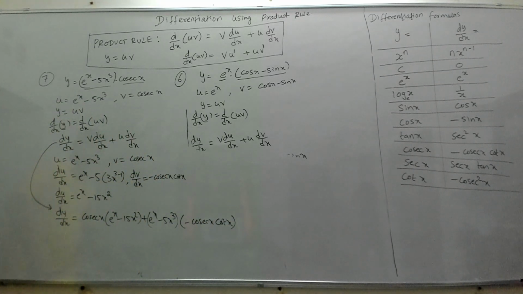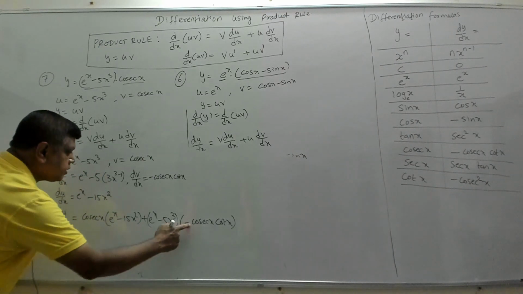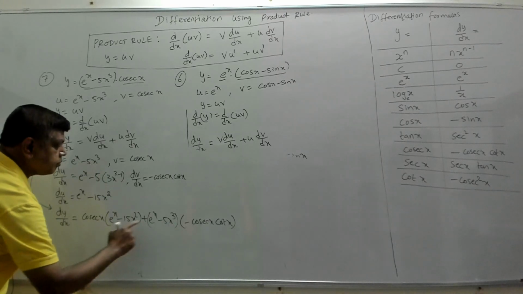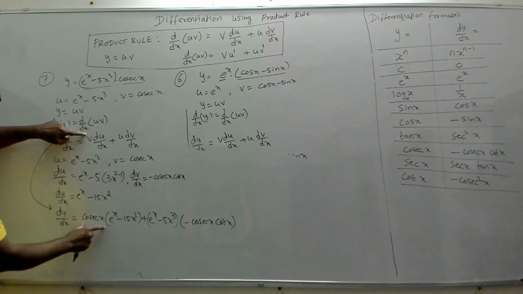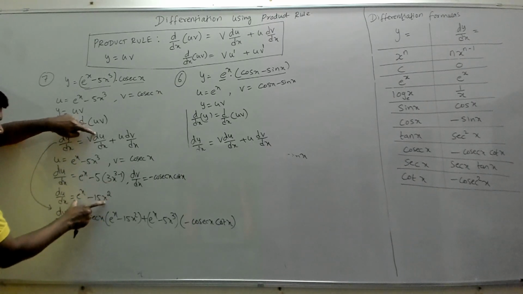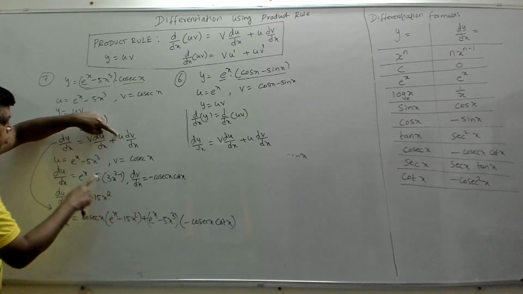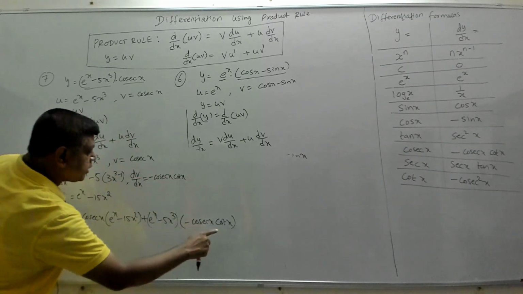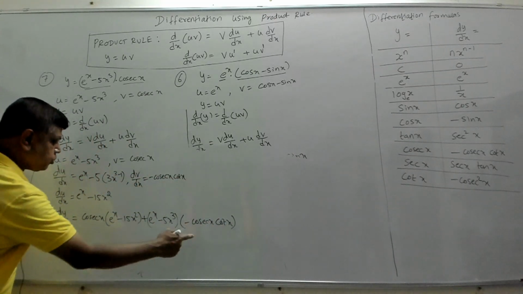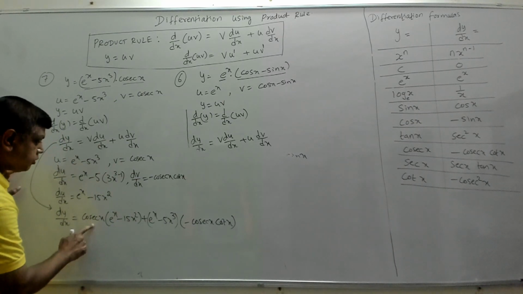Fine. So if we try to simplify this, in both of these cosecant x is common, right? See, our v is cosecant x into du by dx is this plus u is e power x minus 5x cube into dv by dx is this minus cosecant x cot x. So from these two, if you observe, we can take cosecant x common.